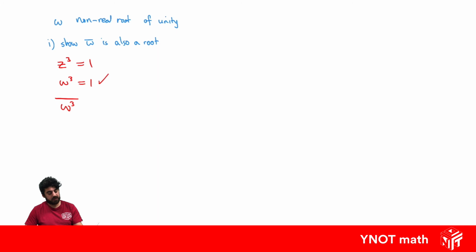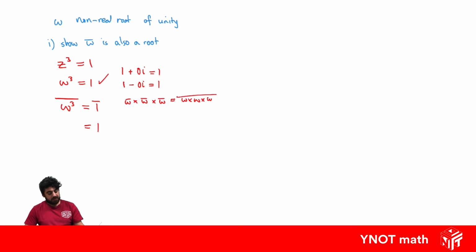So we'll take the conjugate of w cubed and the conjugate of 1. The conjugate of 1, well, we can think about 1 as just being 1 plus 0i, and the conjugate of this is 1 minus 0i, which is still equal to 1. So we know the conjugate of 1 is just also 1. And we have some conjugate theorems, one of which states that multiplying conjugates together is the same thing as multiplying all our terms and then taking the conjugate of all of those.